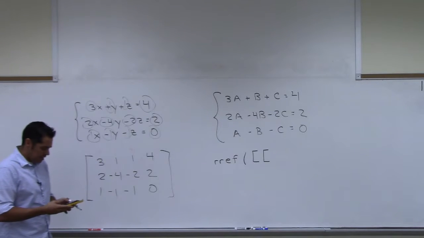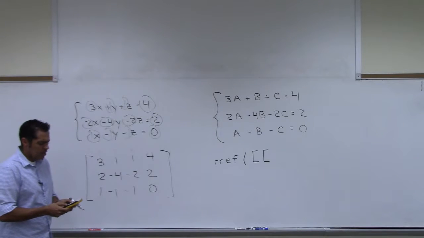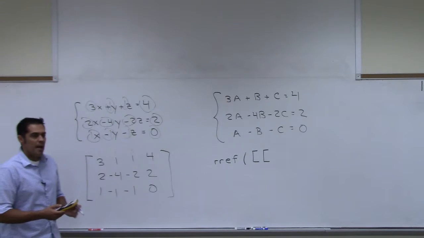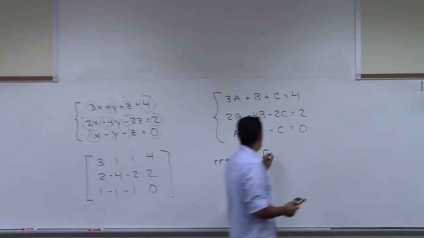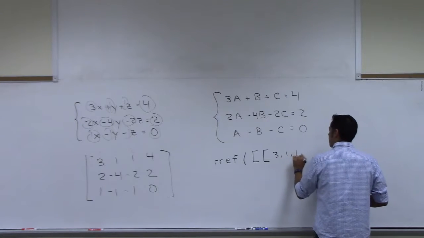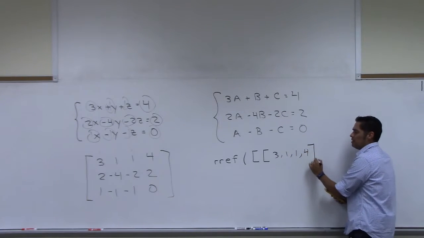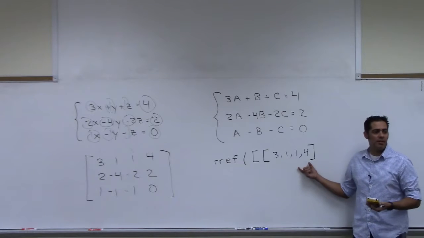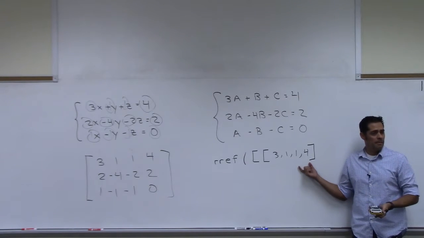So type in 3, comma, 1, comma, 1, comma, 4. Then close the bracket out, and that tells your calculator you're done with the first row.